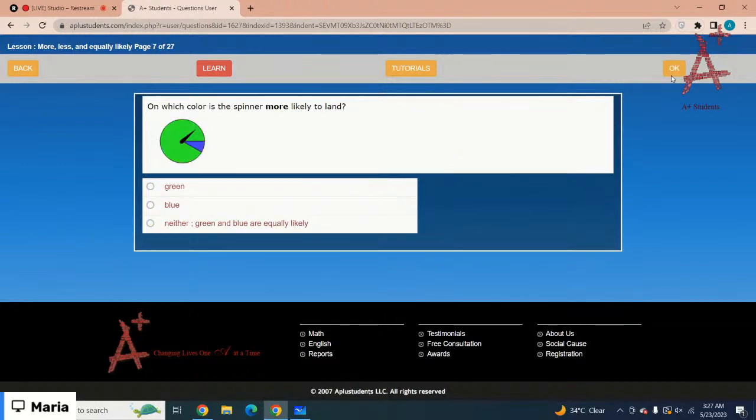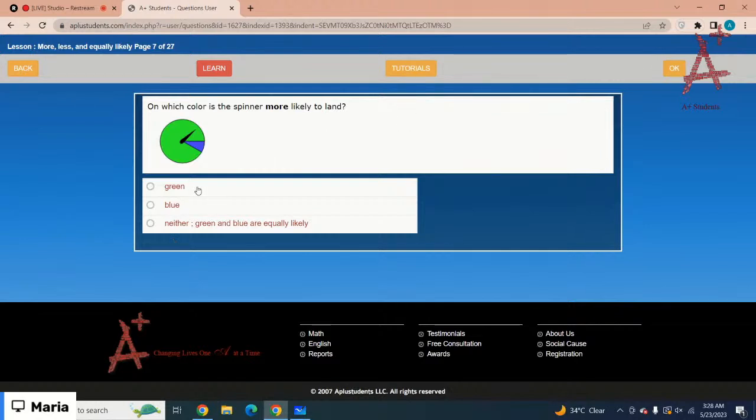On which color is the spinner more likely to land? So which is the correct option? More likely to land on green because the spinner has more green portion than blue.